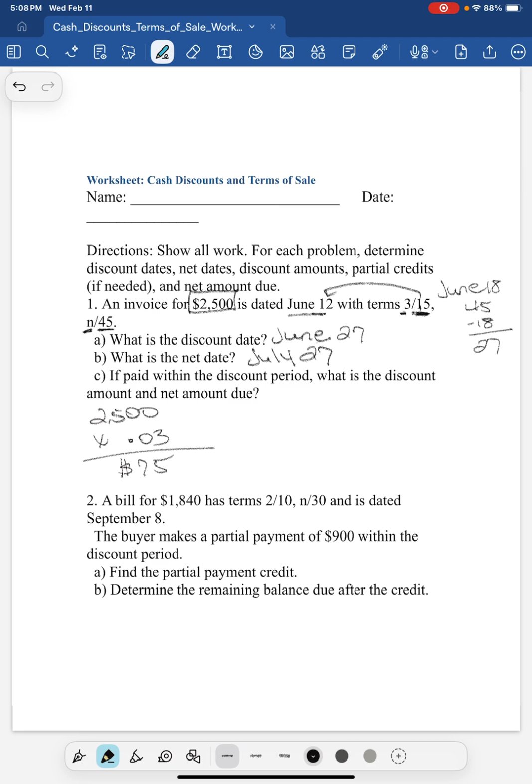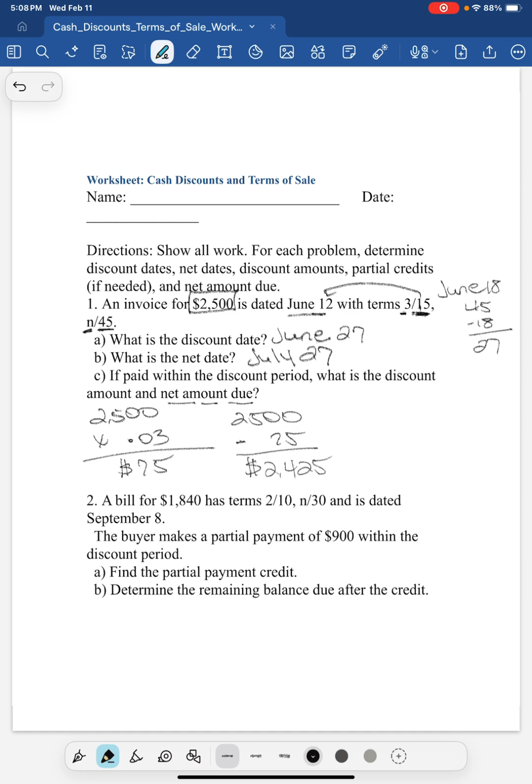And so then what is your net amount due? How much do you have to pay total if you pay in the first 15 days? You just subtract your discount from your total, and you're going to see that you owe $2,425.